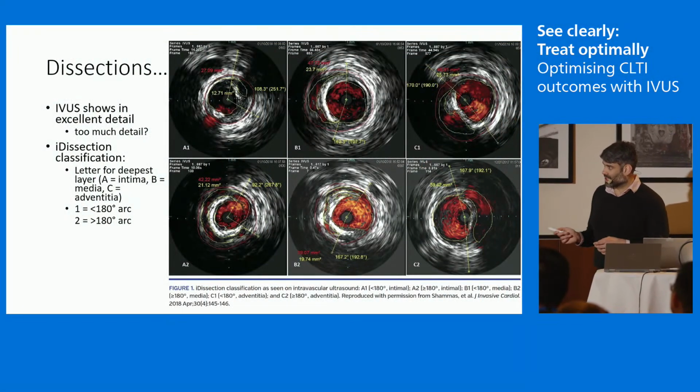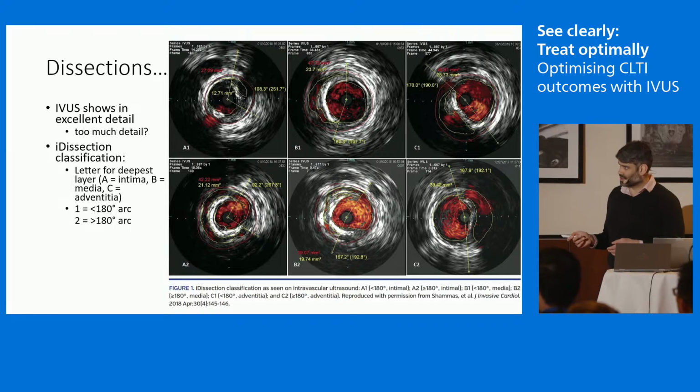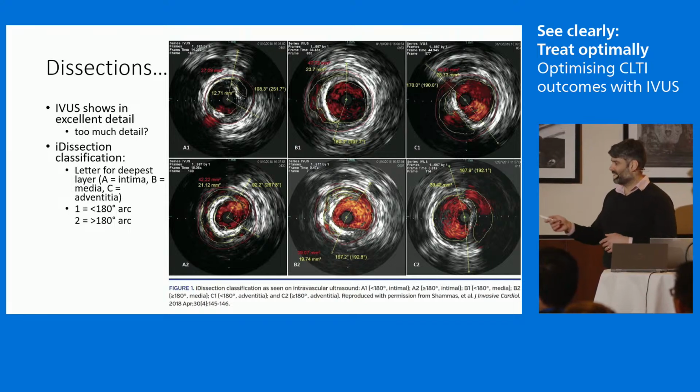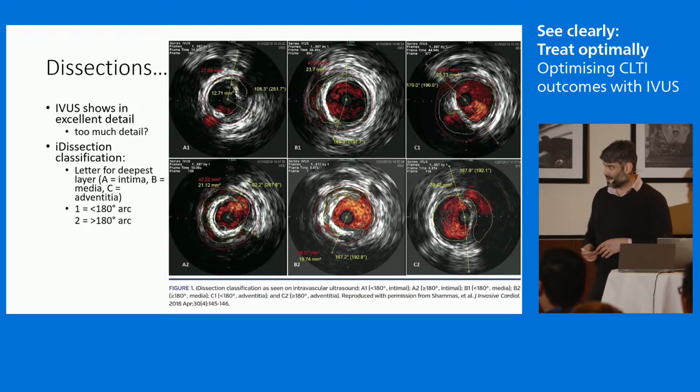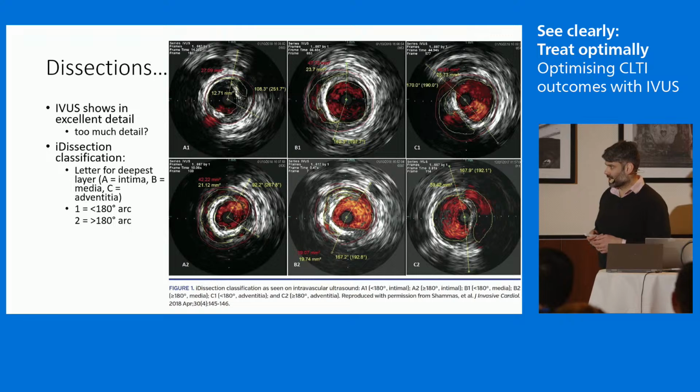This I-dissection classification was developed, which gives you a letter for the deepest layer: A for intima, B for media, C for adventitia, as in how deep the dissection goes. If it goes just into the intima, it's an A. If it goes all the way through the adventitia, it's C. And then a number 1 or 2 for whether it's less than or more than a 180-degree arc.